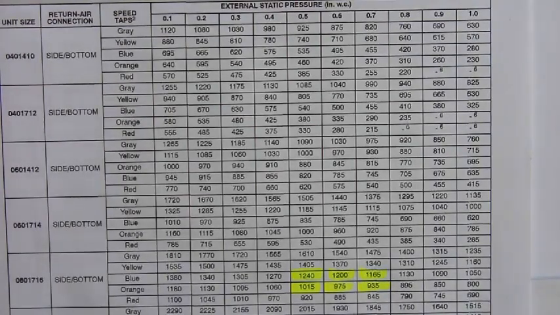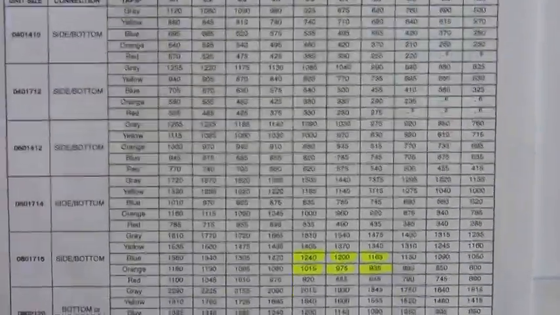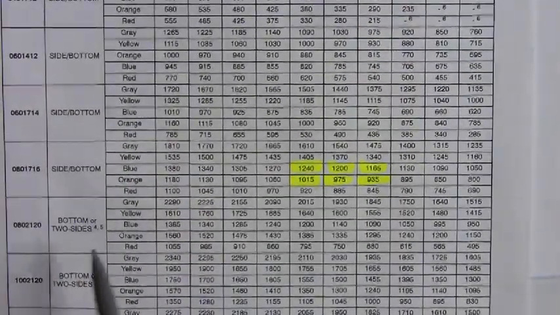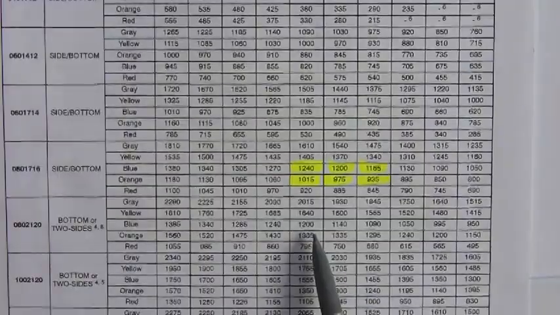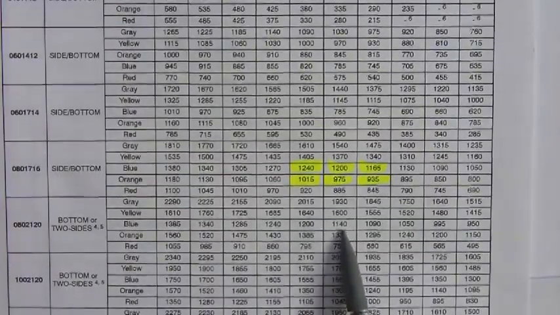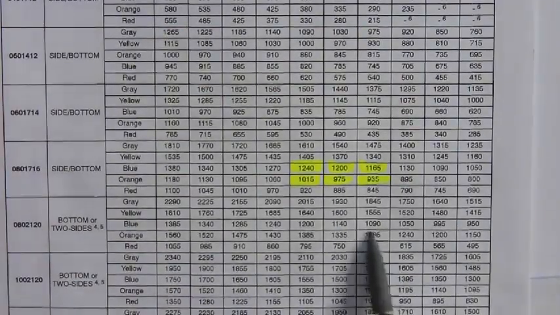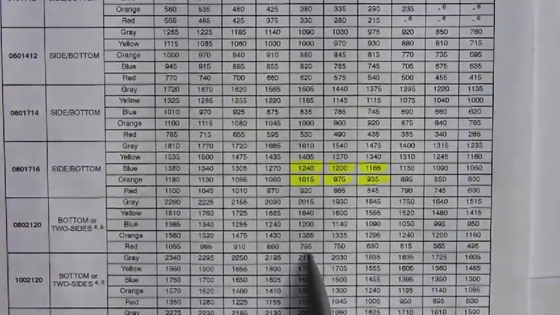Now we could possibly look at the next size furnace, the second 80,000. It has some good heating airflow rates, but it doesn't have any decent cooling airflow rates.